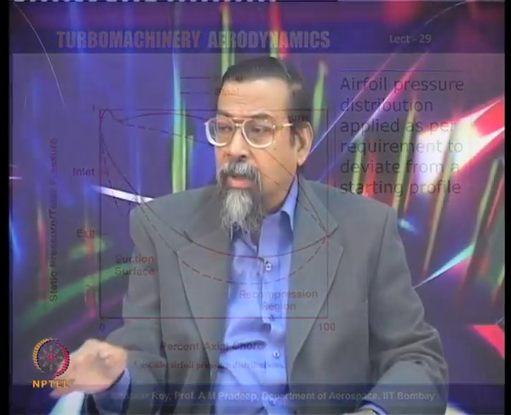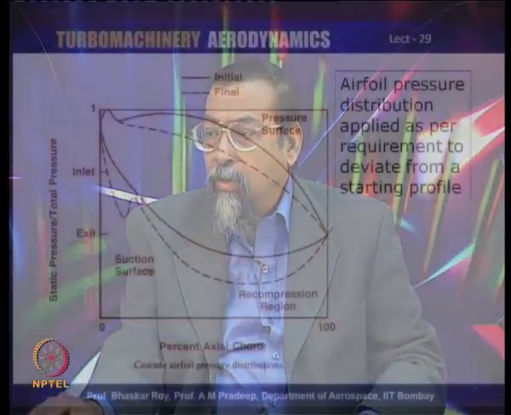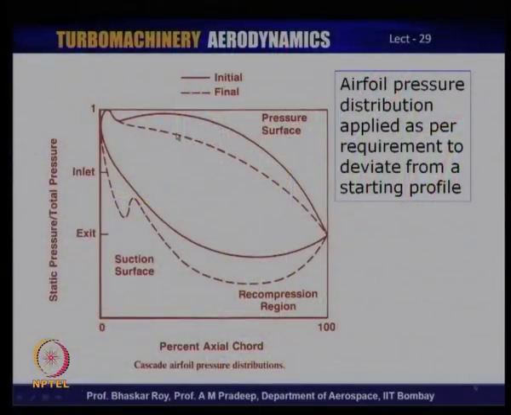Now, this is what the turbine designer would be looking at. You have the pressure surface CP distribution, and one is the ideal one which you start off with, and then of course, you make small changes in the modern design. You make these changes with the help of CFD, and you may get a final CP distribution, which is something like this. What is shown here is static pressure by total pressure, similar to CP, and it shows that it does not follow a smooth curve.